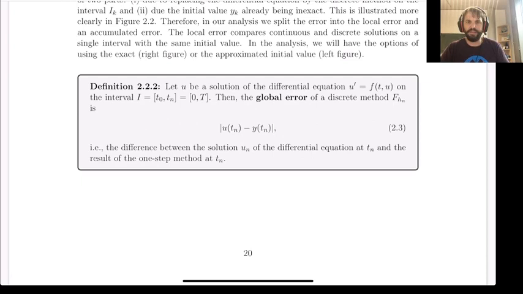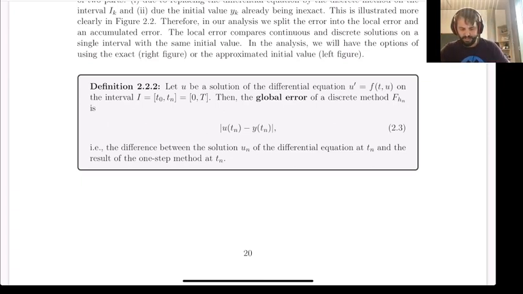Global error is simply saying, I want to solve the ODE up to a certain point T_n or capital T, and I define the global error to be the difference between the true solution at capital T and the approximate solution at capital T. So that's clearly the notion of the error I'm committing globally over a window of time.